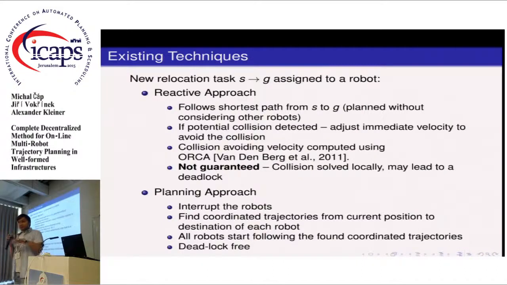When you detect a potential collision with some other robot, you compute some local change to your current immediate heading or velocity to avoid the collision. There are a number of techniques that can do that quite efficiently using linear programming. One of the very popular ones is ORCA by Van den Berg, which can do it for a number of robots very efficiently. An obvious disadvantage of this approach is that these collisions are solved only locally.